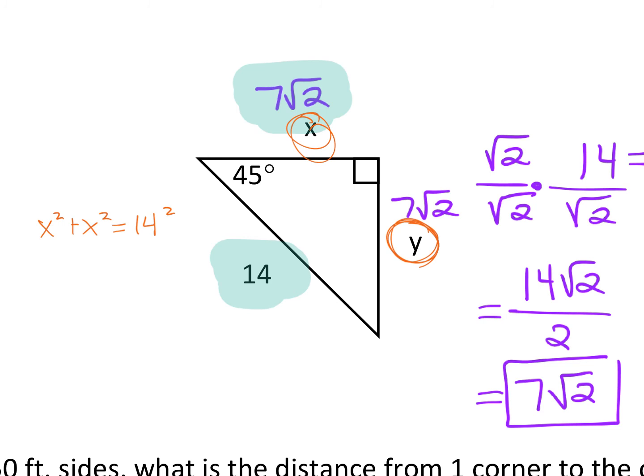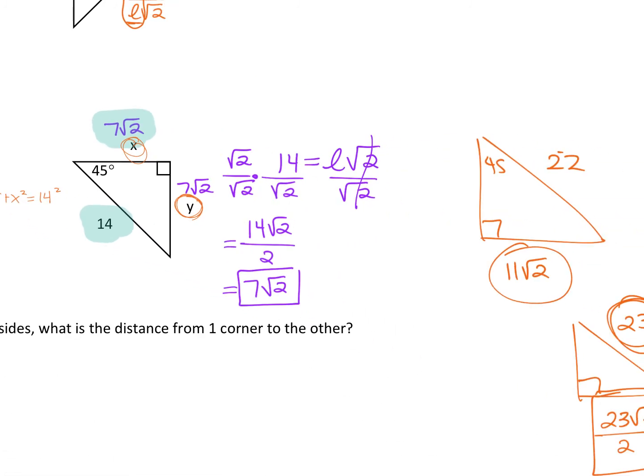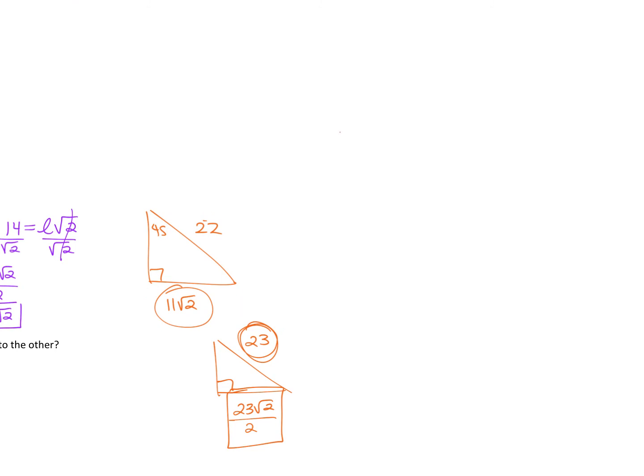Questions on that? Yeah. What would you say we have to do for an odd number? An odd number, you're going to divide by 2 and multiply by rad 2. And an even number too. So like if I had 27, right? If my hypotenuse was 27, then this is going to be 27 times rad 2 divided by 2. So you always multiply by rad 2 and divide by 2 no matter what.